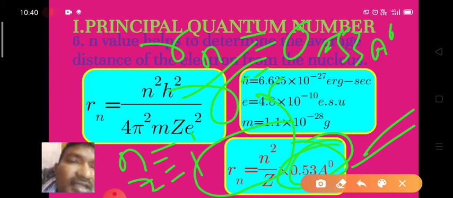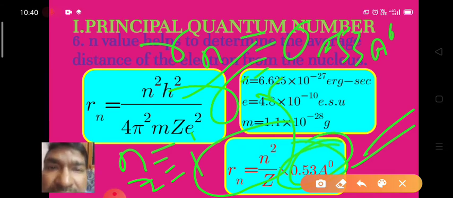Like that we can calculate the radius of the main energy level of any shell. We may get questions on this in competitive exams, like calculate the radius of the second energy level of the Li²⁺ ion.